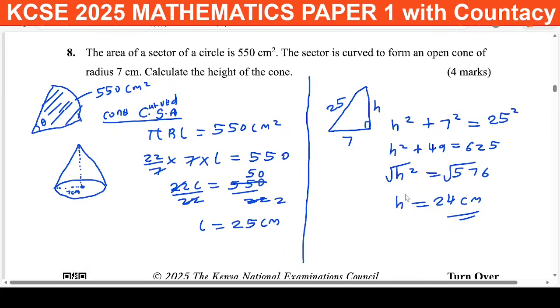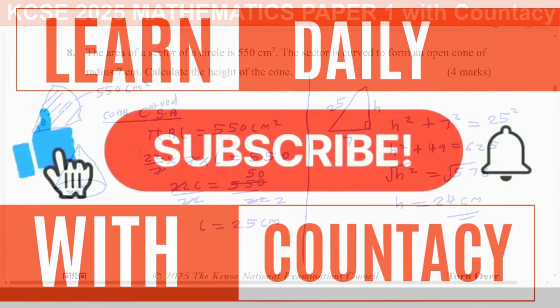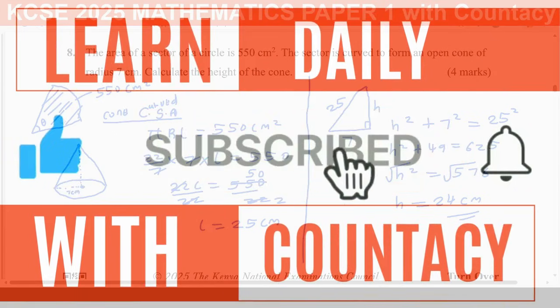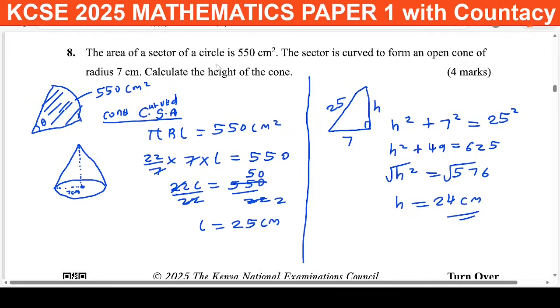So for this particular question, what it was really testing is whether you know that we can convert a sector of a circle into a cone, because you see, if you fold this part such that it gets to meet these points, and you fold it in a nice way, what you end up getting is this particular shape that is here, and that is a cone.